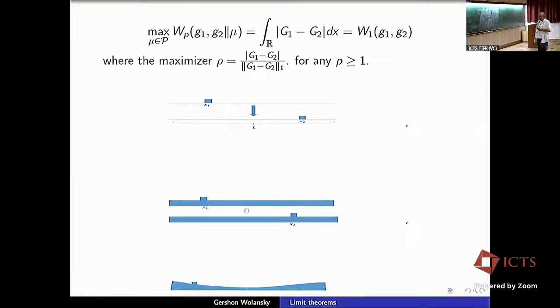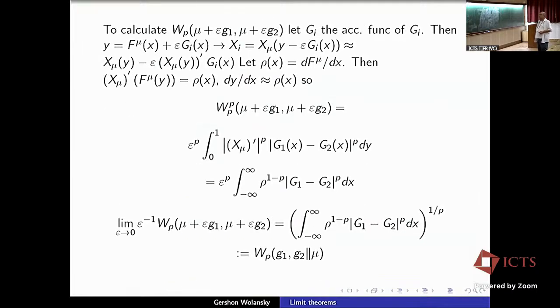Well, we just have to minimize this over all rho, which has integral 1. So we calculate it by using a Lagrange multiplier with the constraint that the integral of rho equals 1.